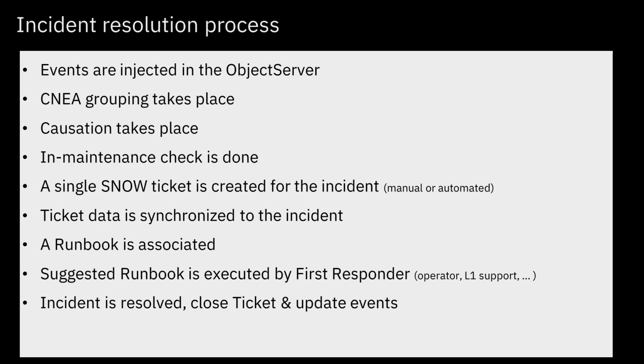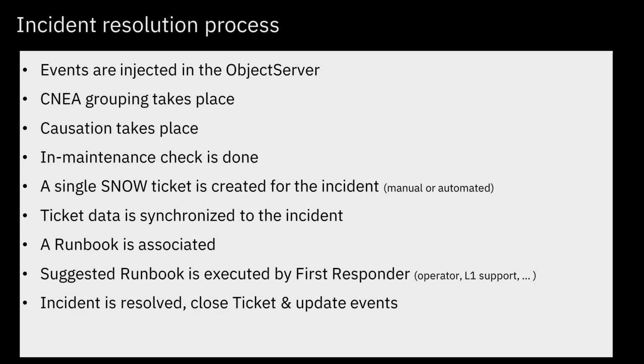That's going to do two things. It's going to do an in-maintenance check, first of all, to see whether or not the node behind each event is in maintenance. If it's in maintenance, we don't need to worry about the event. We can just downgrade the severity and suppress it.